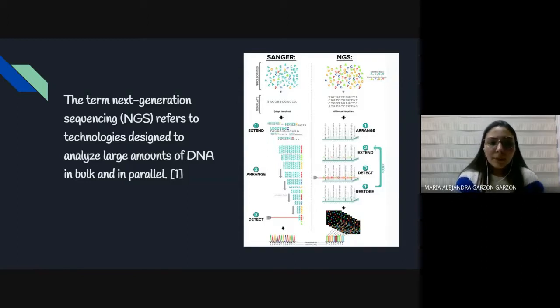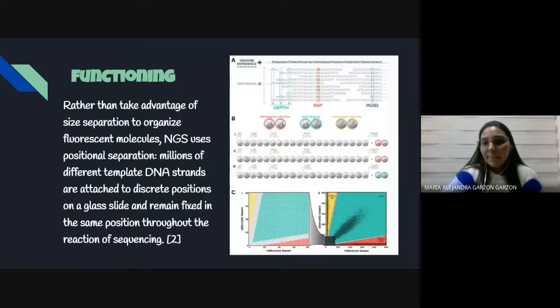In both methodologies, a polymerase copies the input molecules by incorporating nucleotides from a pool that is either partially or entirely composed of tagged and inextensible bases. Rather than taking advantage of size separation to organize fluorescent molecules, NGS uses positional separation.